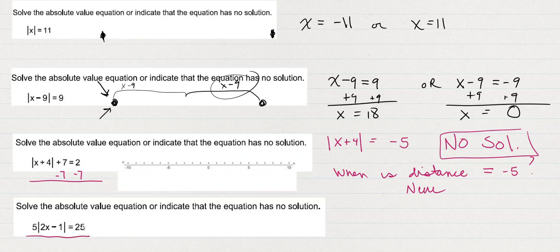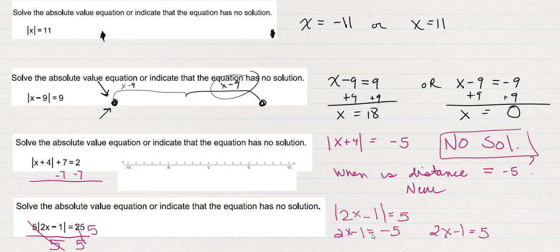Let's look at this last one. Same idea. What I'm going to do to simplify this absolute value is divide both sides by 5. So of course, the next step is going to be to take this absolute value of 2x minus 1 equal to 5, because 25 divided by 5 is 5.